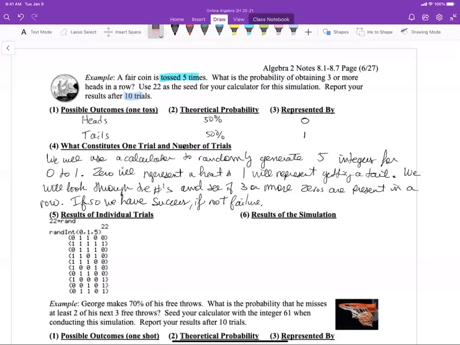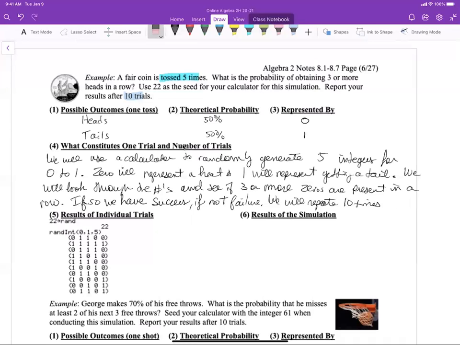Oops, I'll stick with black. Repeat 10 times and calculate the number of trials. Let's see, hold on. We will repeat 10 times. What do they ask for?